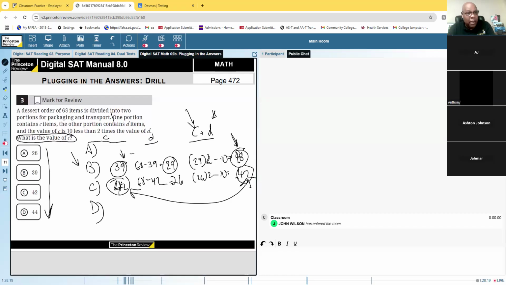But the idea is to follow the story, because it says the value of C is 10 less than 2 times D. But in order to get D, you had to subtract. Whenever you have 2 steps like that, it gets to be a little more tricky.